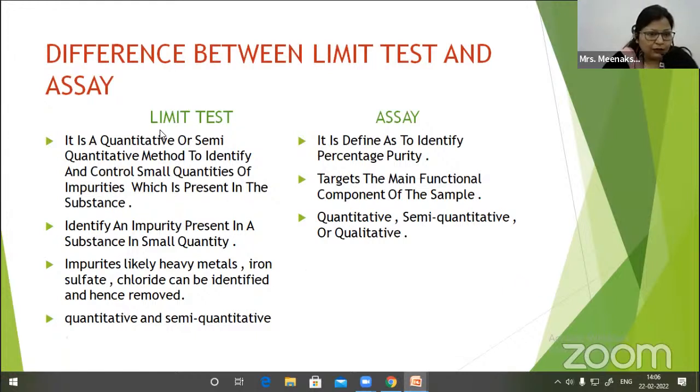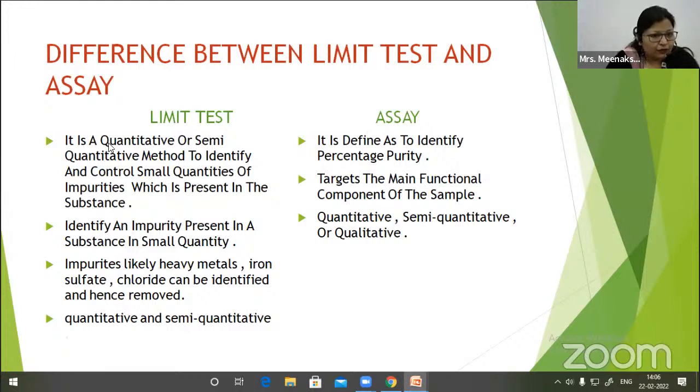Now there are various other methods also to determine impurities, apart from the limit test. And of course, one important term that comes to mind is ASSAY. So in this slide, I wanted to explain what is limit test and what is ASSAY.